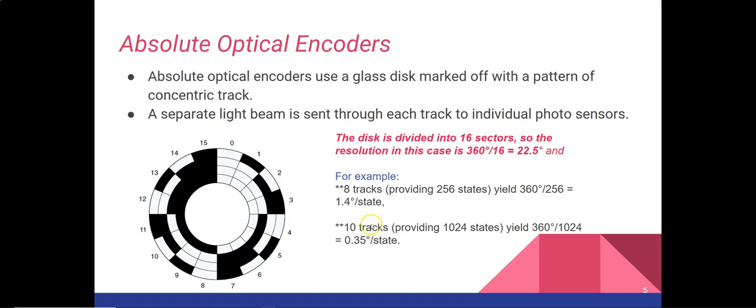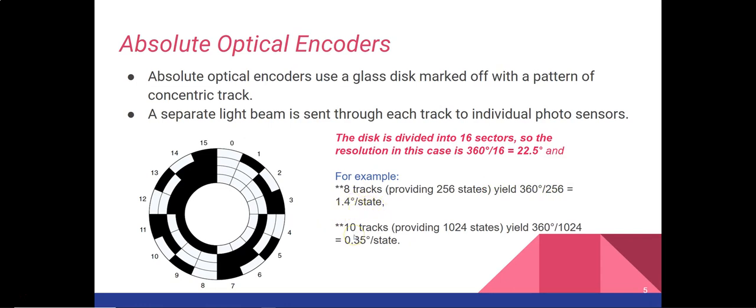And if you want to increase the resolution of the optical encoders, then you can add more tracks to the encoder, and that will give better resolution. If you have 8 tracks which provide 256 states, then that will yield 360 divided by 256, which gives 1.4 degrees per state.